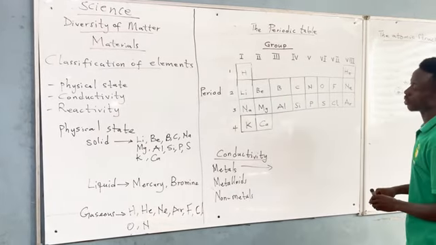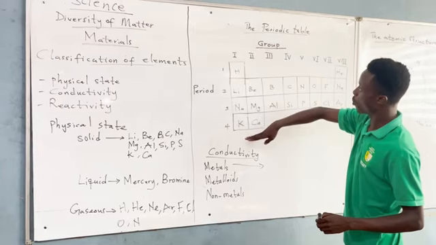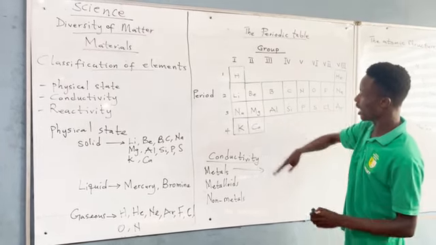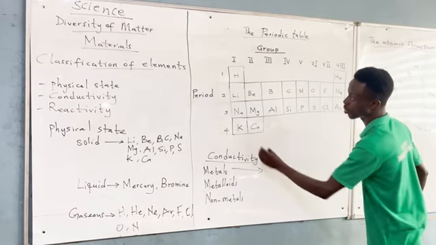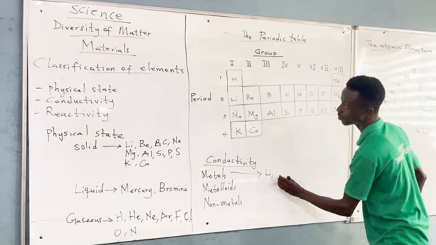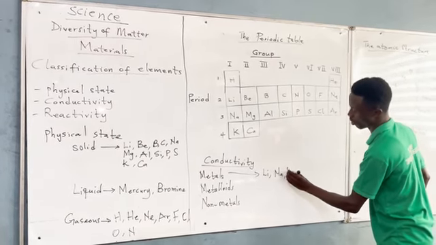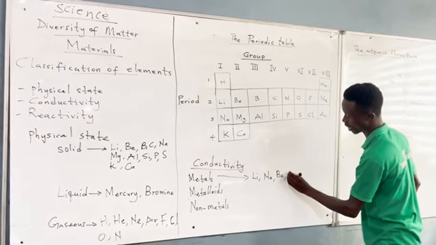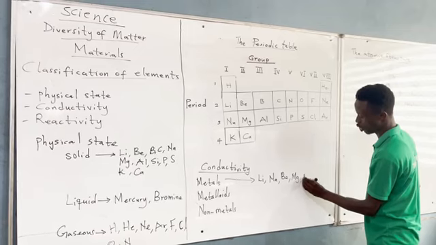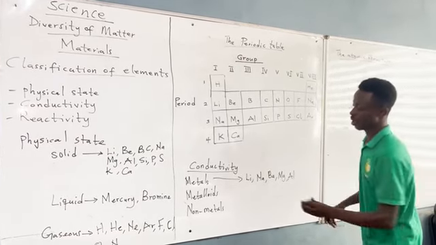If you look at this place, we have group 1 here. All this group of elements are metals, except hydrogen. So we have lithium, sodium, beryllium, magnesium, aluminium. So those are metallic elements.